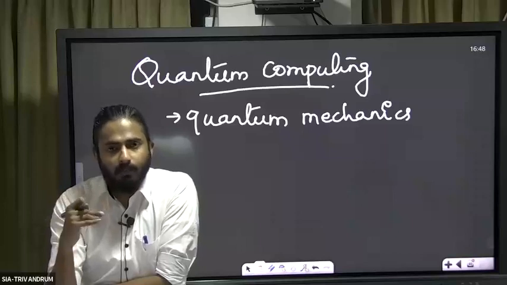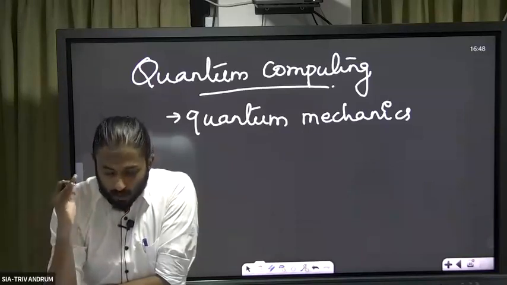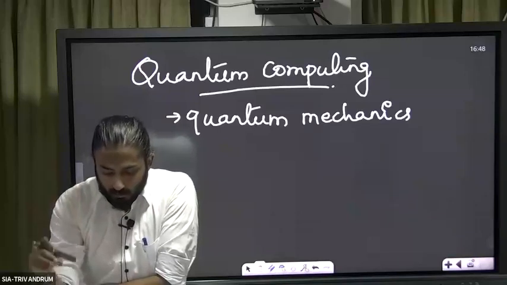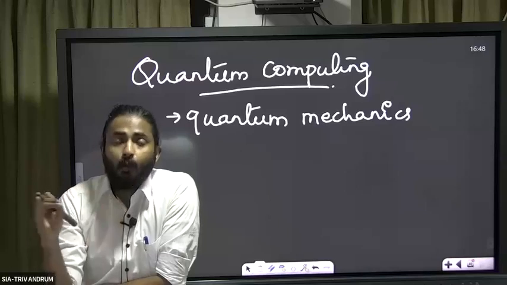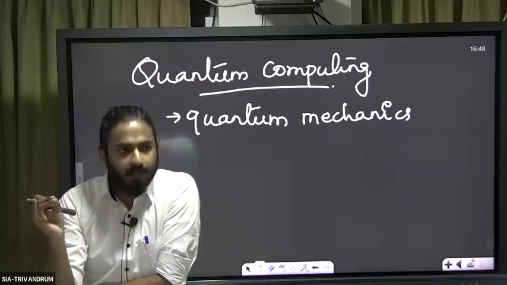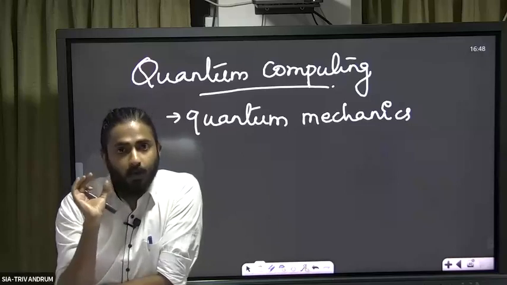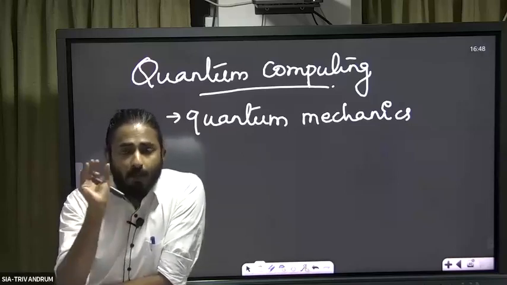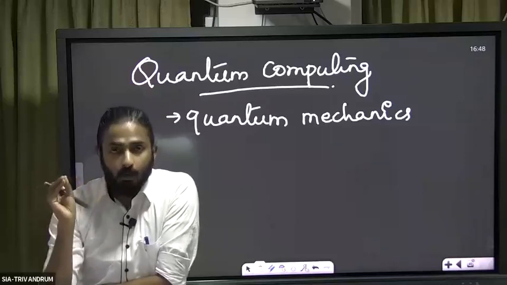Their properties are more predictable. But when we move into atomic and subatomic levels, that is quantum mechanics, the object exists in a haze of probability. We cannot say that an object will be at a particular point at a particular time. There is only a probability that it will be there at that point of time. This is called quantum mechanics.